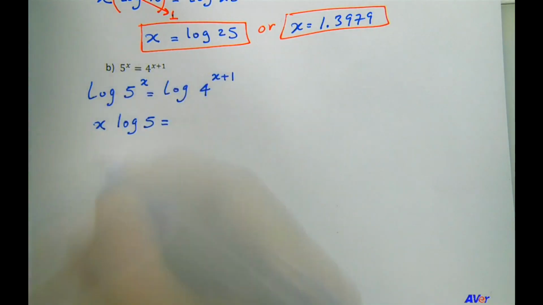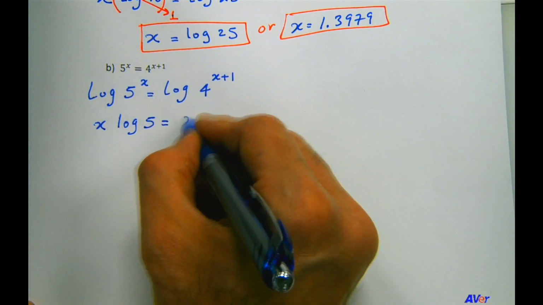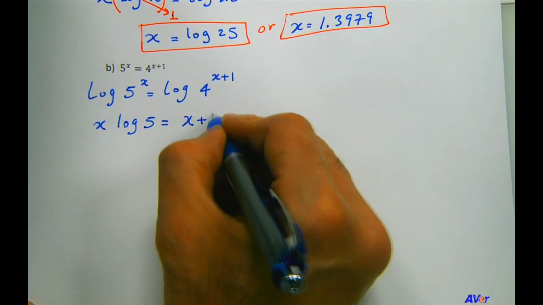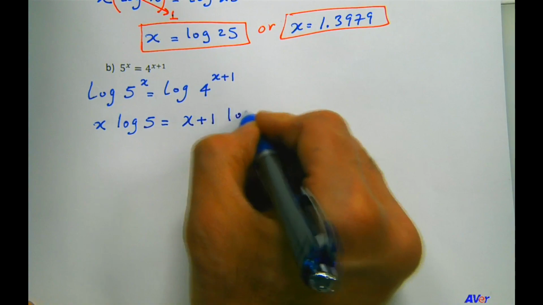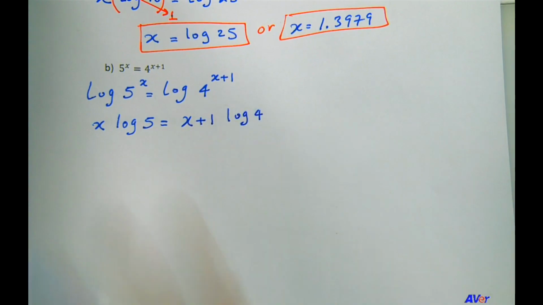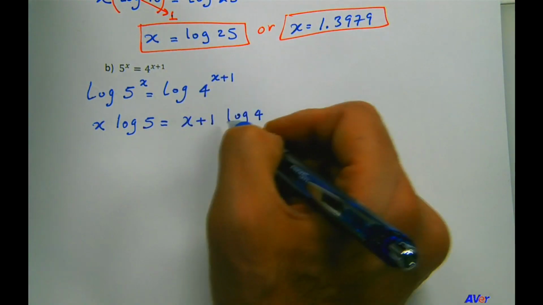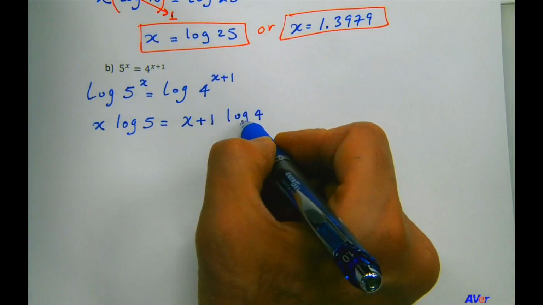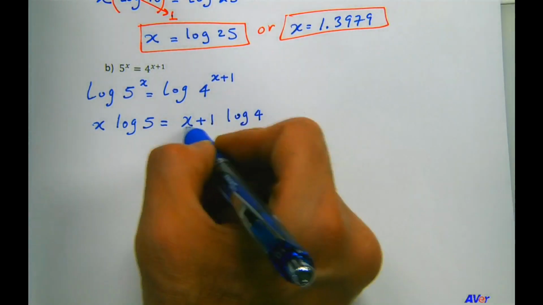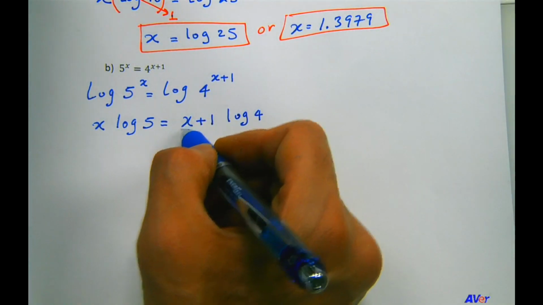I've seen a lot of people make this error. They say x plus 1 log of 4. Guess what the error is here? Well, they forget to put the parentheses around this, and what that means is that they're going to multiply log of 4 by just 1 and not by x, and that's a huge error.